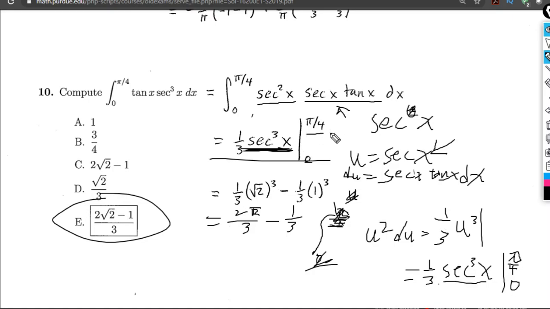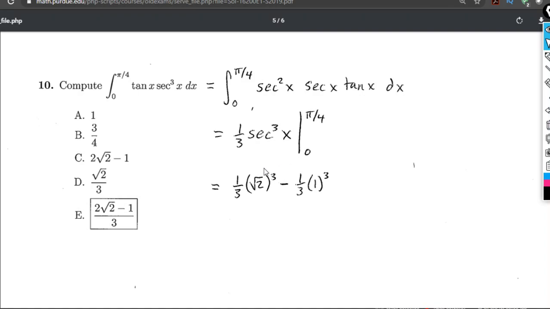Actually, pi over 4 is pretty easy, since the cosine of pi over 4 is root 2 over 2, and then the secant would just be root 2. Yeah, that's right. All right, let's move on.